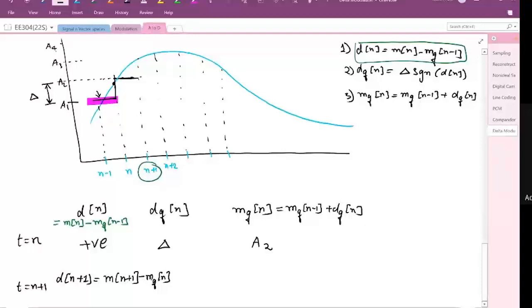Yes or no? Is this thing clear to everyone?